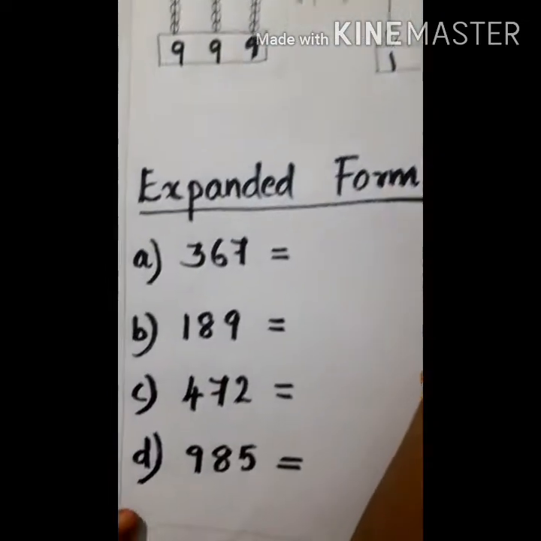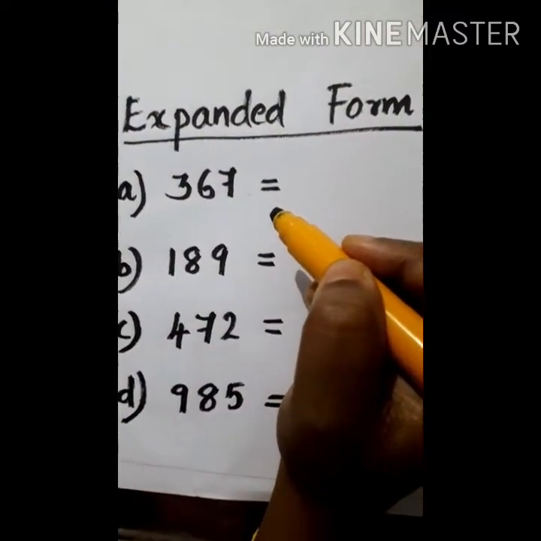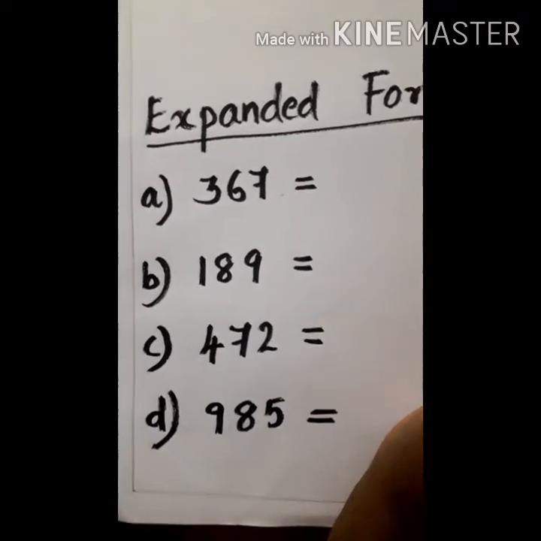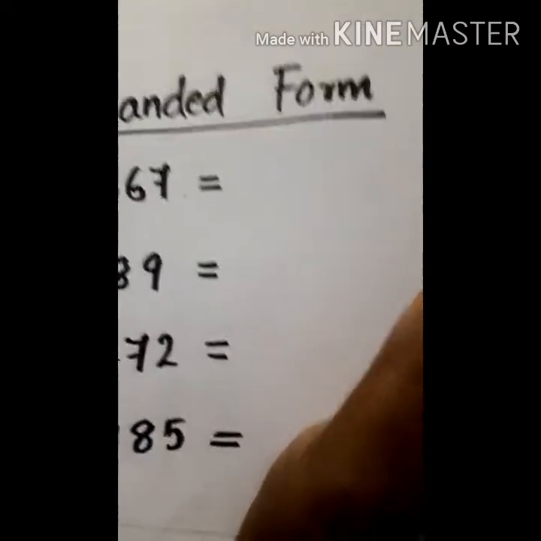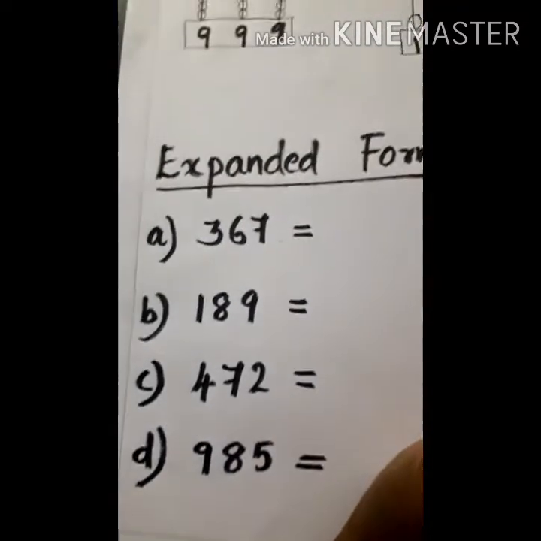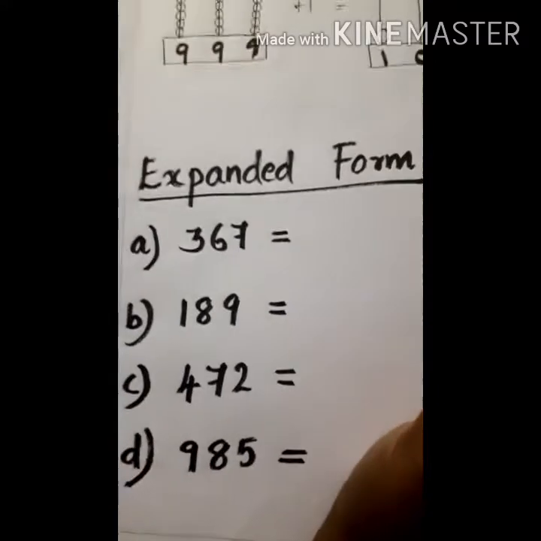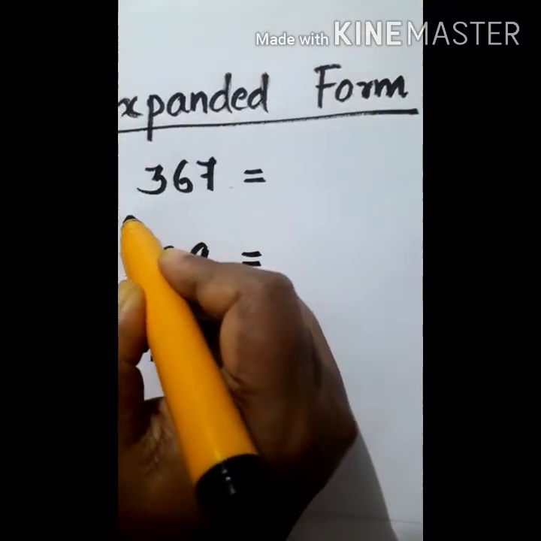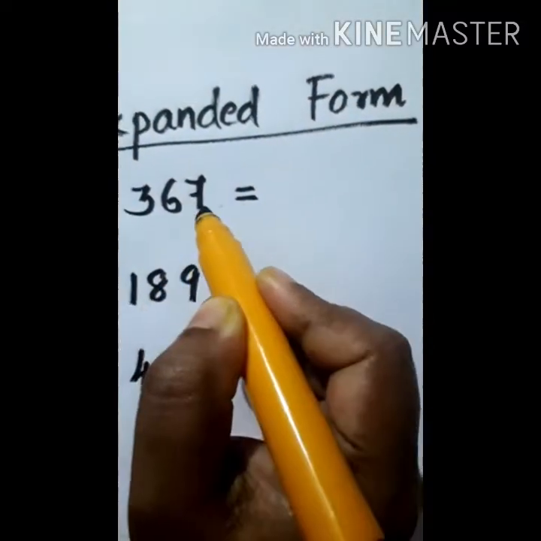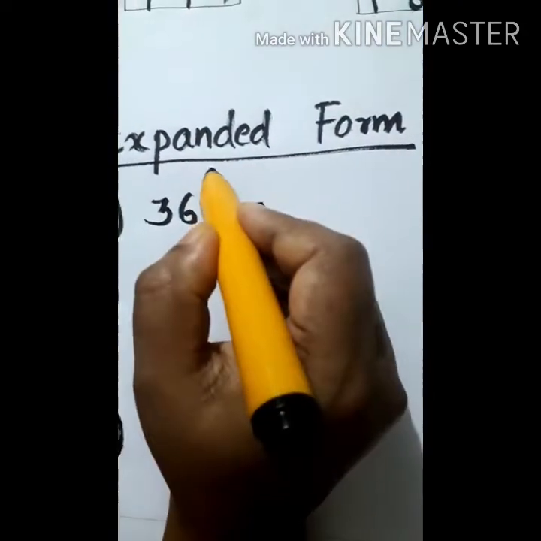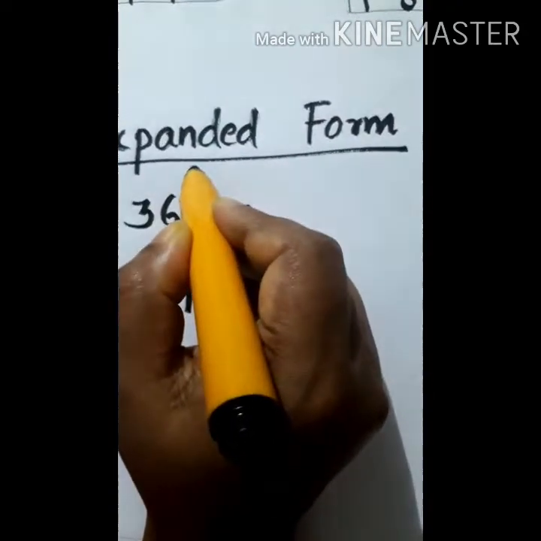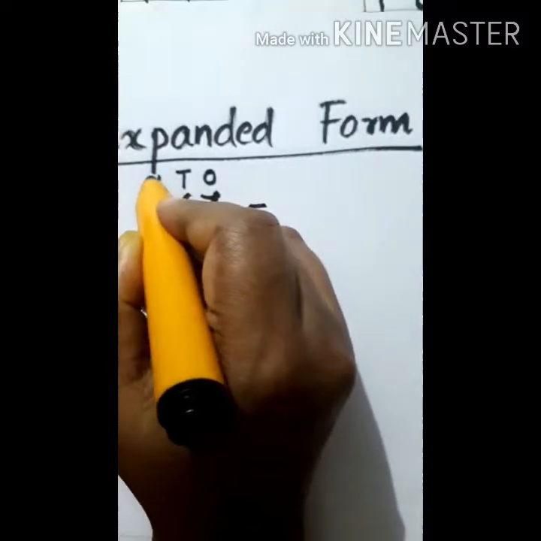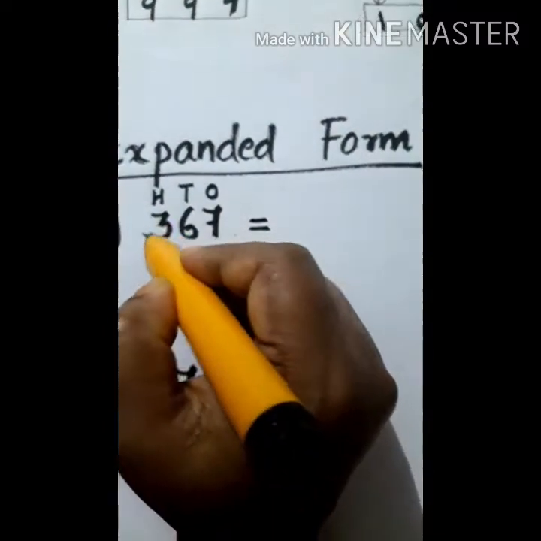Then next we are going to study the expanded form of a 3-digit number. As you already studied the expanded form of 2-digit numbers, in this topic we are going to study the expanded form of 3-digit numbers. First example is 367. How will we write here? First of all, I will write the place values of each digit: ones, tens, hundreds. 3 is in which place?